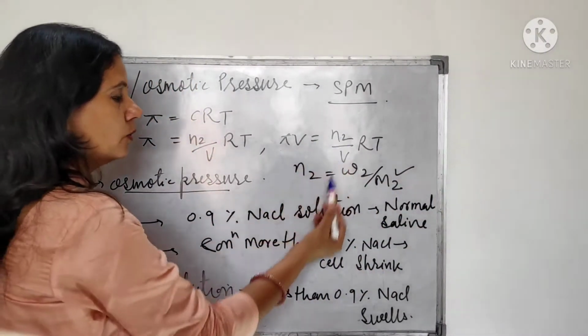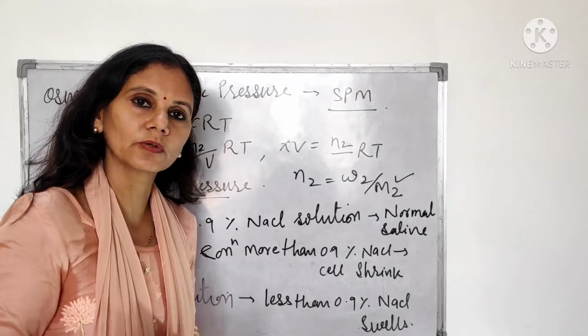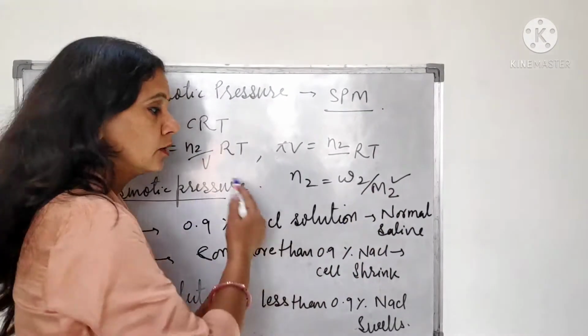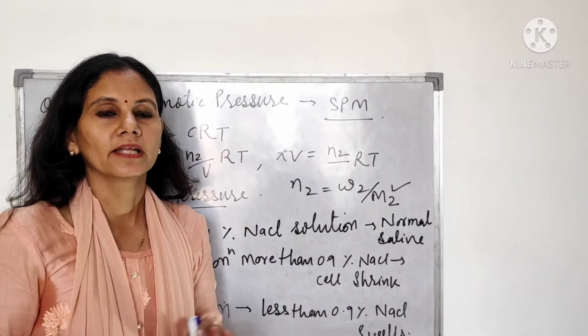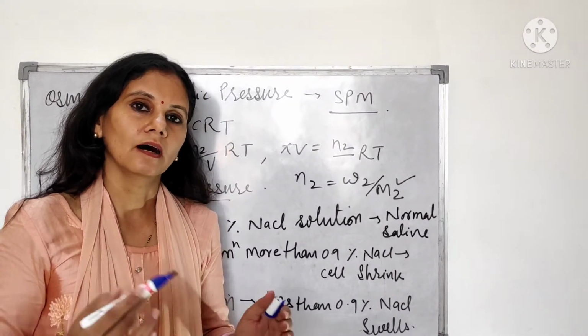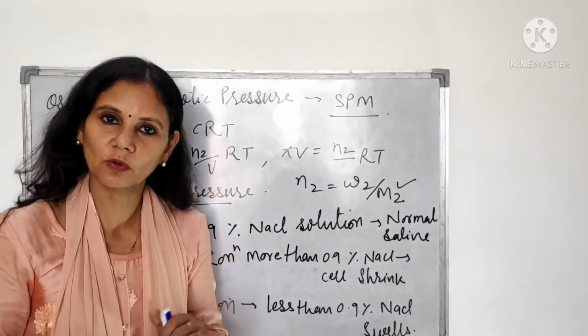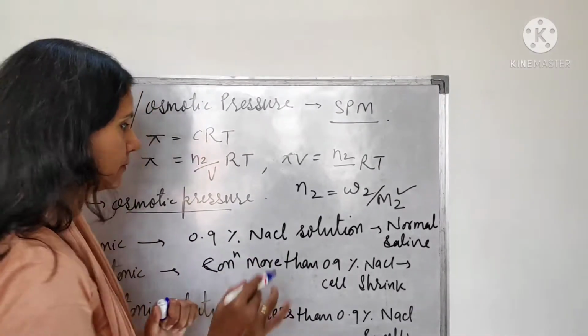Pi V equals N2 RT. W2 is the mass of solute in gram, and M2 is the molar mass of solute. So if we have one unknown quantity, then we can find out the molar mass of the protein, polymer, or biomolecule present in the solution. We can find it out by the osmotic pressure.